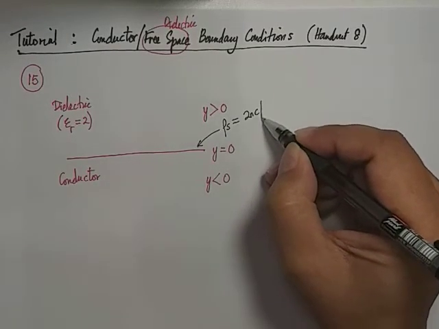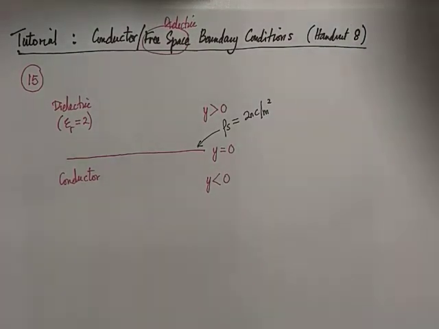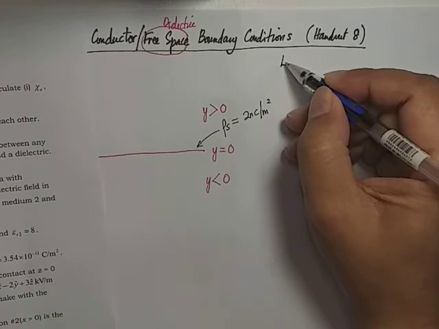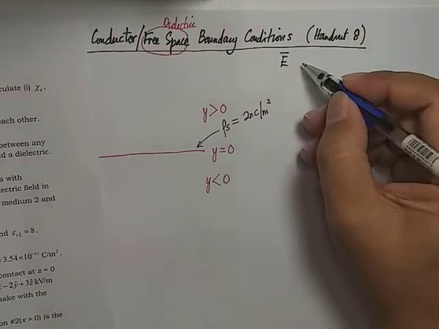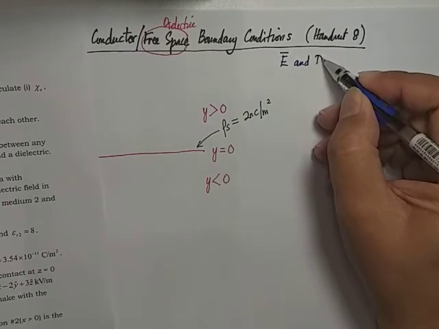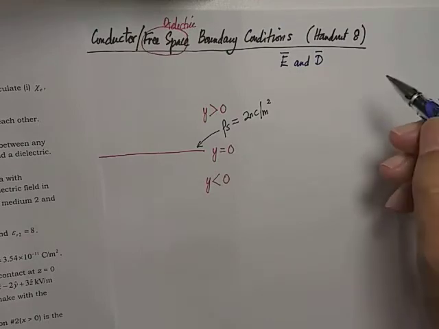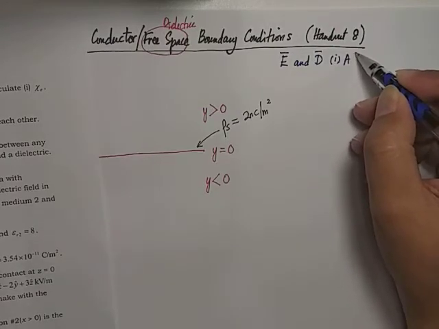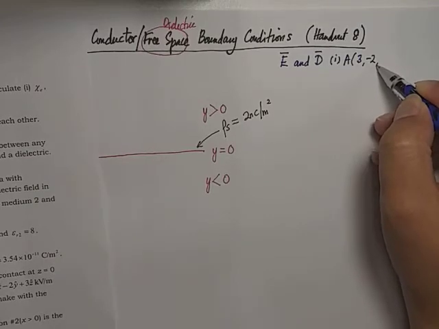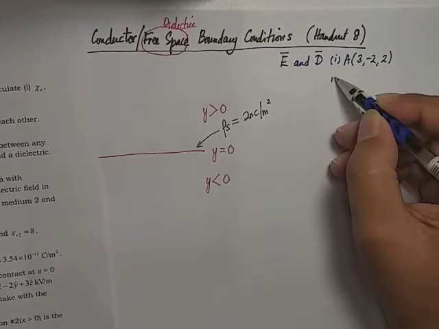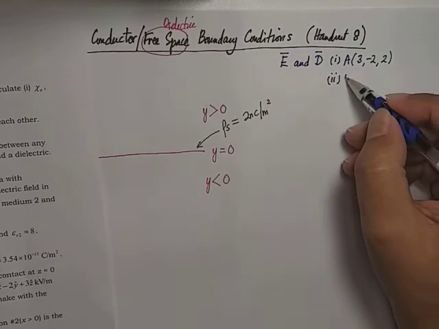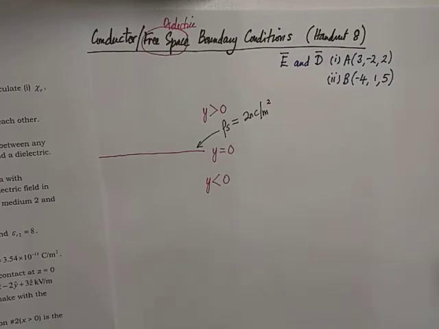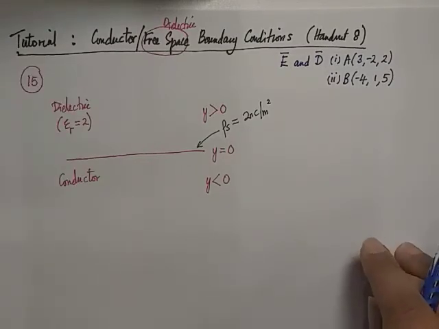The question wants us to find the value of E, the electric field intensity, and D, the electric flux density, at point A (3, -2, 2) and point B (-4, 1, 5).